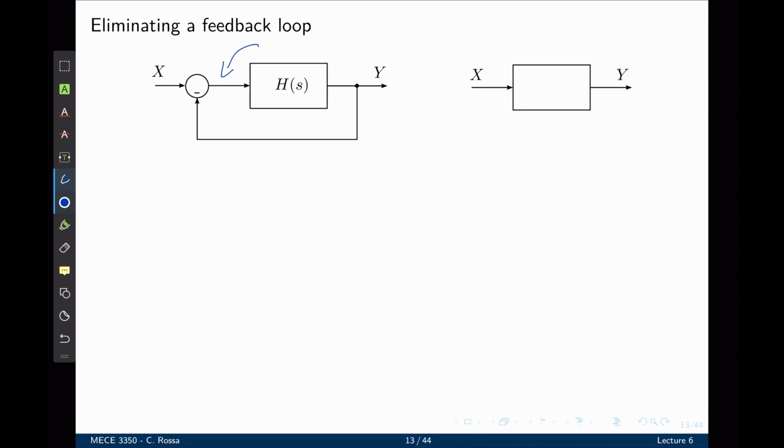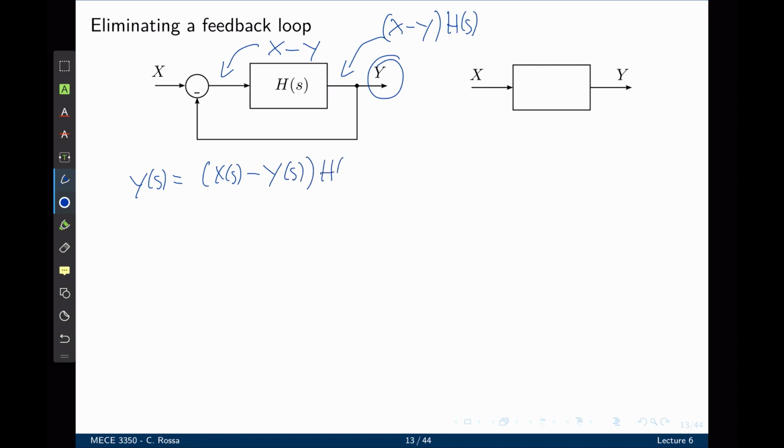And at this point here, the signal is x minus y. And past the block, now the signal is x minus y times h of s. The signal at this point is y. So the expression for y of s is simply x of s minus y of s times h of s.